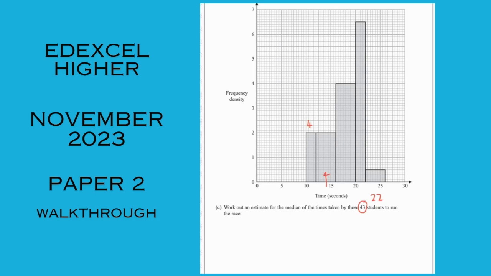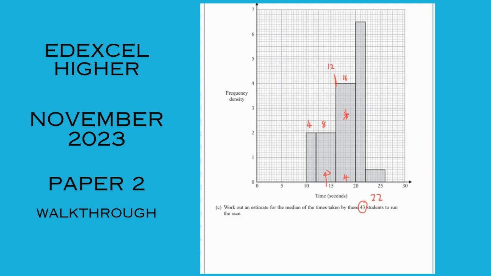Next bar, this second bar, width 4, also height 2, there's 8. So up to here, there are 12 students. This next bar goes from 16 to 20. That's a width of 4, height of 4. There are 16 students in here.